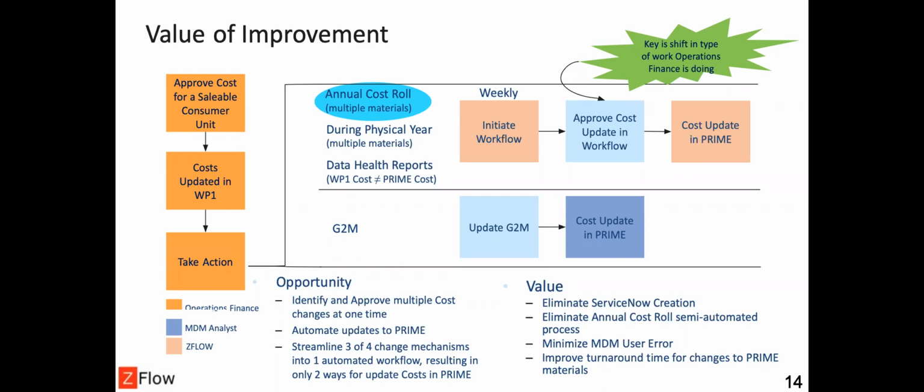So it doesn't have to go to the MDM team to manually make those changes anymore. So they all just happen automatically. So there's no user errors. And the turnaround time is basically instant. As soon as they process it in ZFlow, it's already updated in SAP.